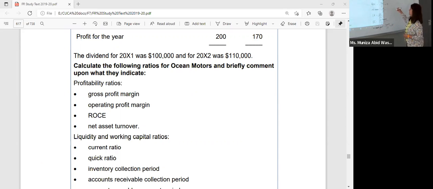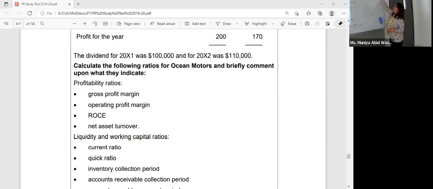Then we have accounts receivable collection period. The formula is trade receivables divided by credit sales multiplied by 365. And then we have the payables payment period as well.